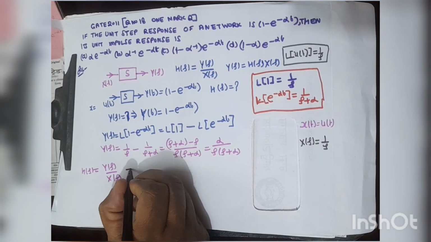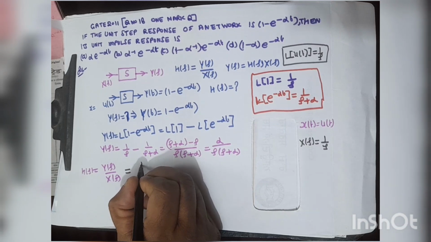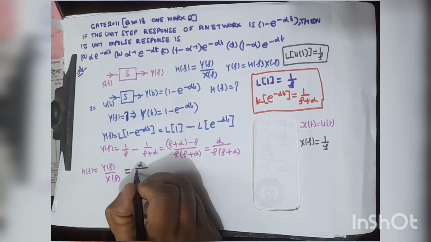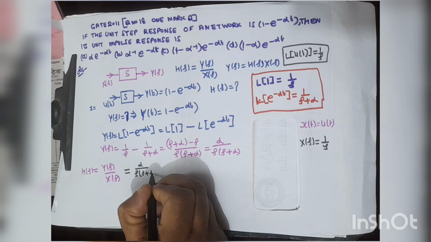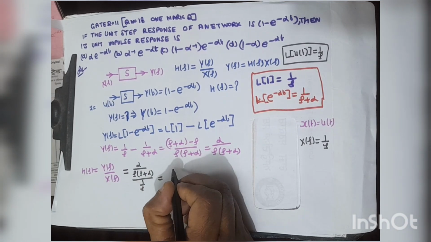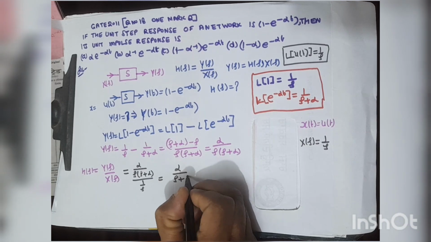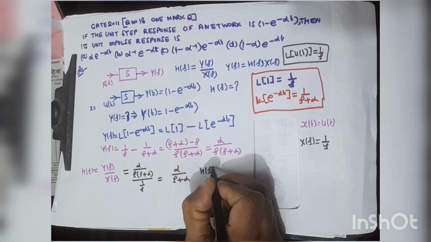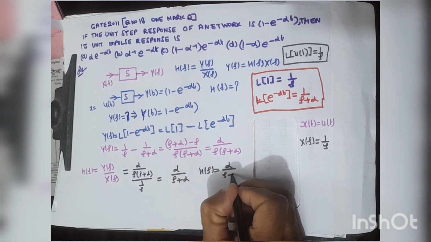Now the Laplace transform of the output is alpha divided by s multiplied by s plus alpha, and the Laplace transform of the input is 1 upon s. So the transfer function is alpha divided by s plus alpha.